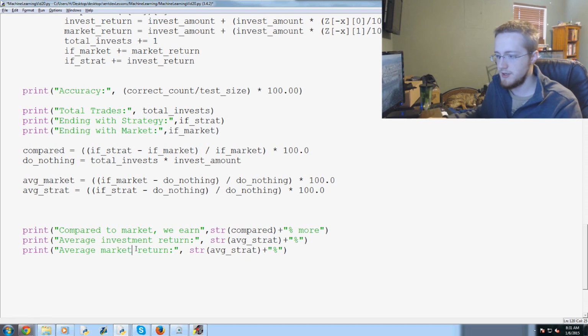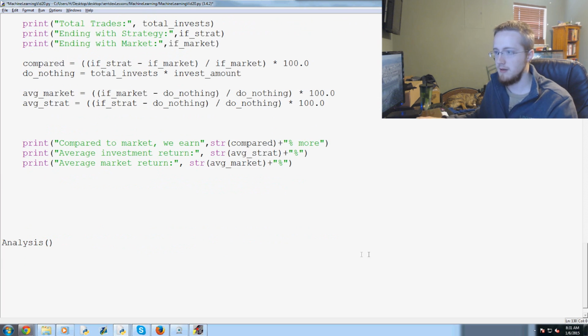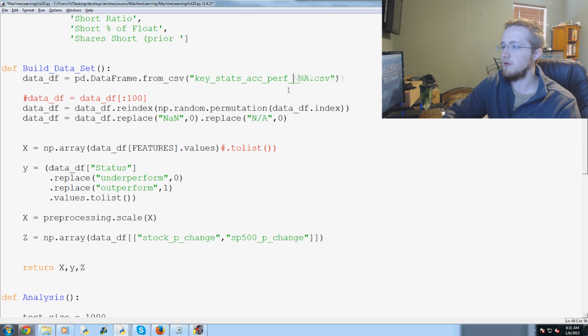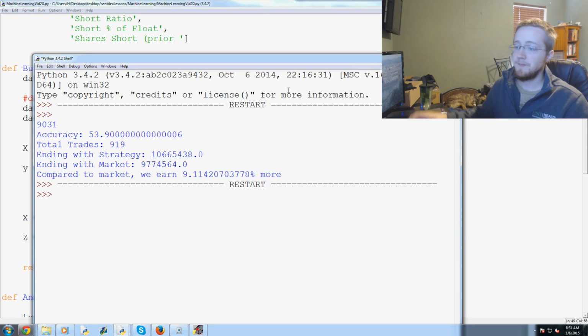Average market return, avg market. Okay, let me run this. We'll change this to not available for now, just in case we do throw an error. It's a little quicker to develop with this one.